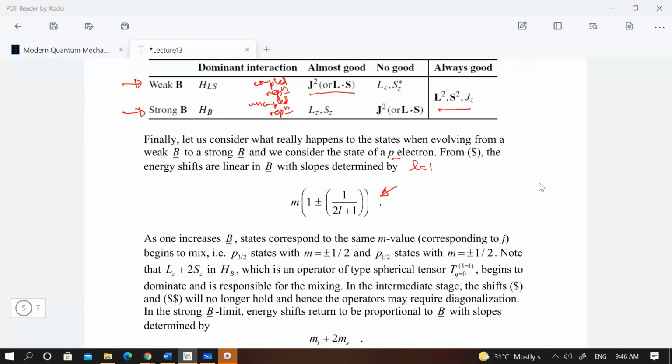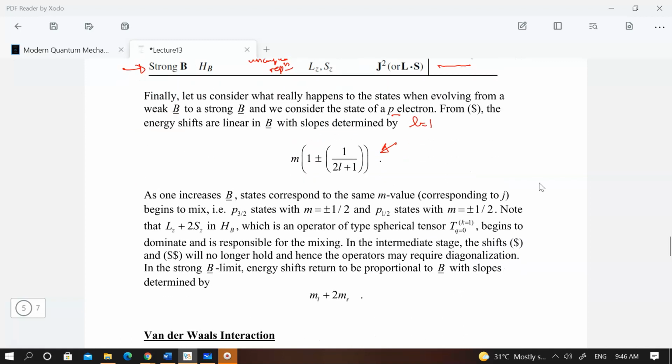It is the fact that one looks at the case of your HB. Your HB essentially has those operators here, and this operator is a spherical tensor. And what do you know about spherical tensors?